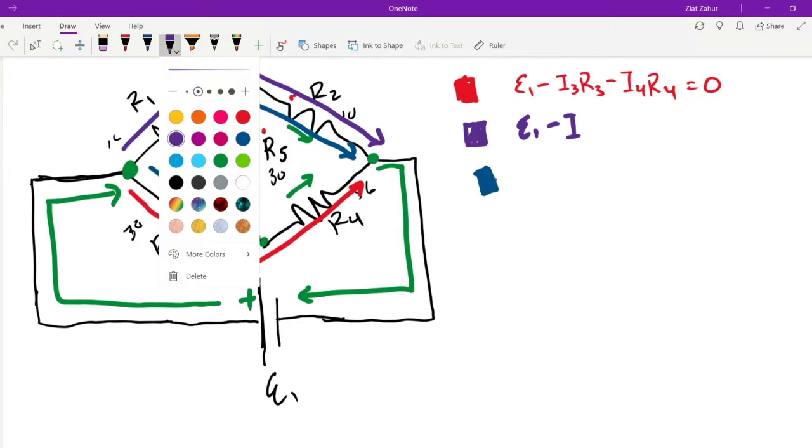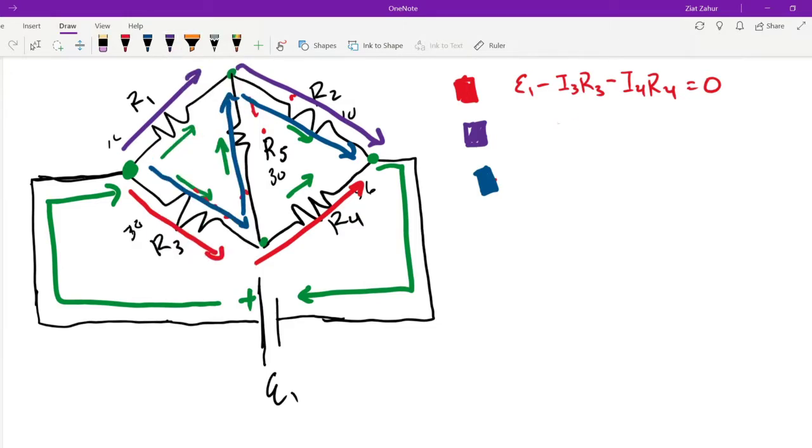Let's go with a thinner point. Epsilon 1 minus I1 R1 minus I2 R2, and so after you go through the second one, we're done, so it should equal 0. Blue one's a little bit more complex. We have 3 things to worry about, so we start with the battery, of course, minus I3 R3.